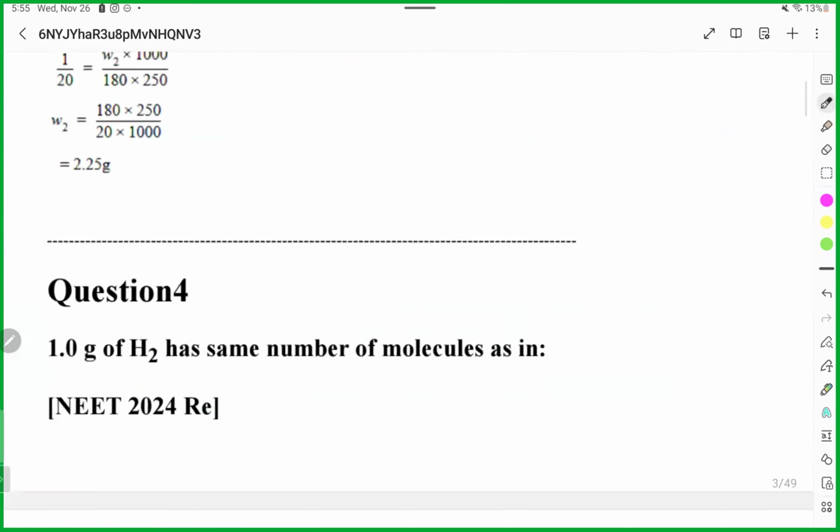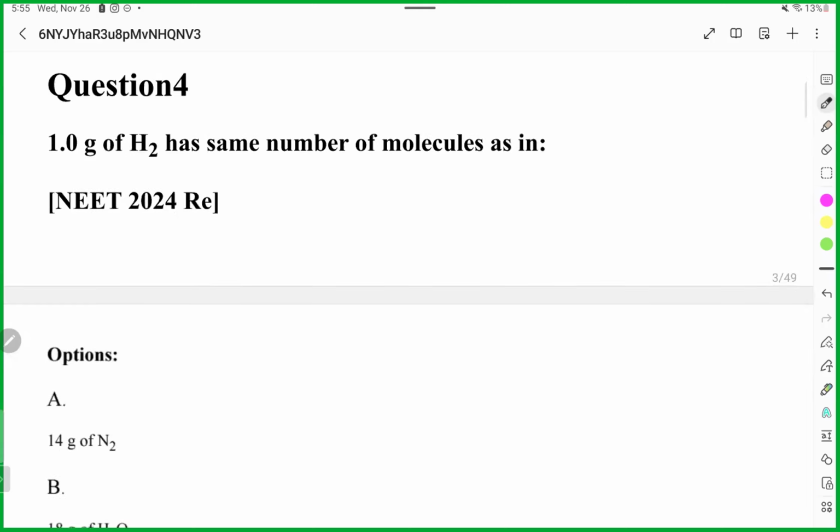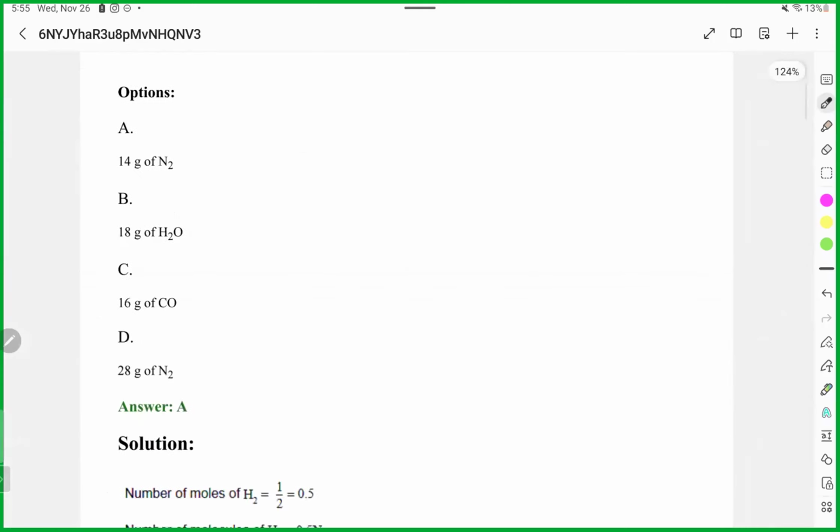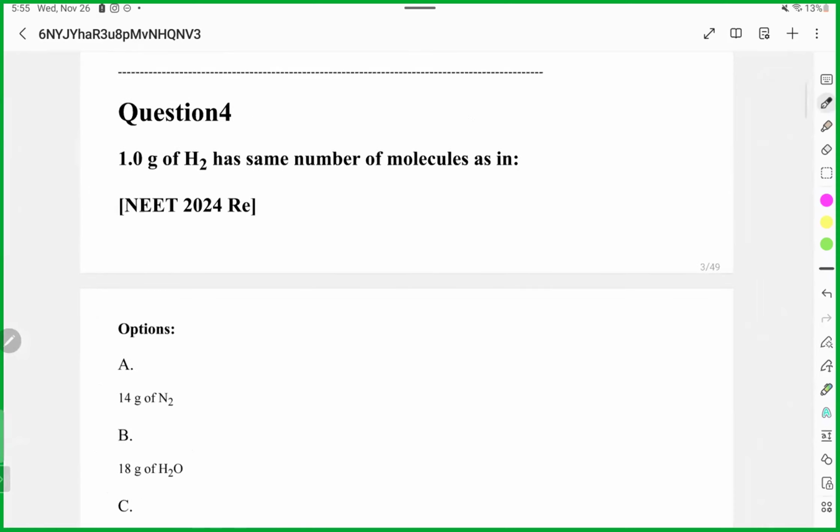Next, Chandana, same question. Tell me, what is the number of molecules present in this 1 gram? You have to check moles. If you have the same number of moles, the same number of molecules will be there, right? If same mole, same molecule.